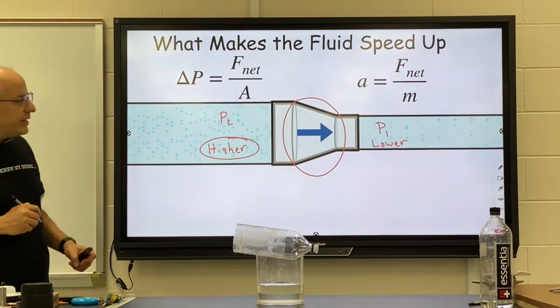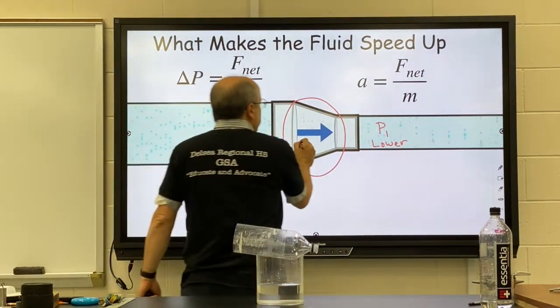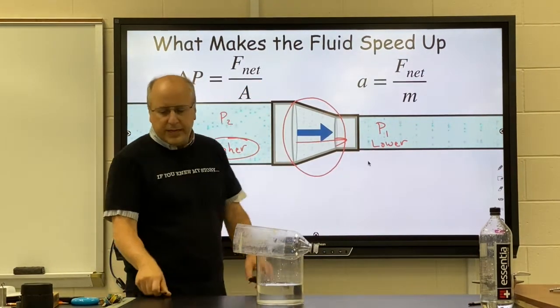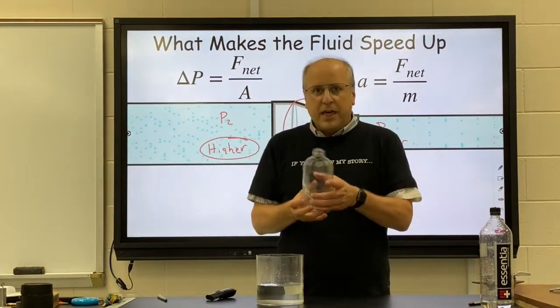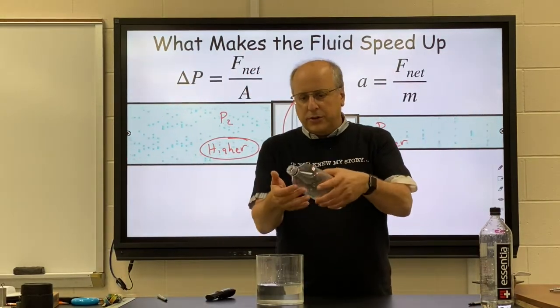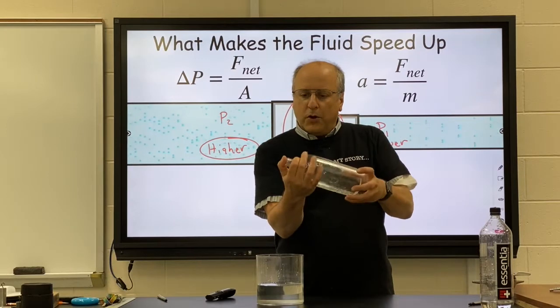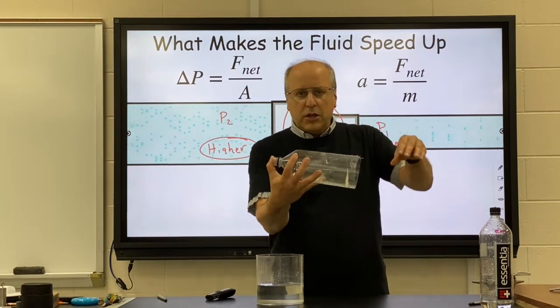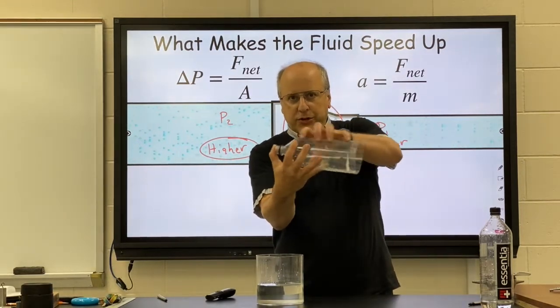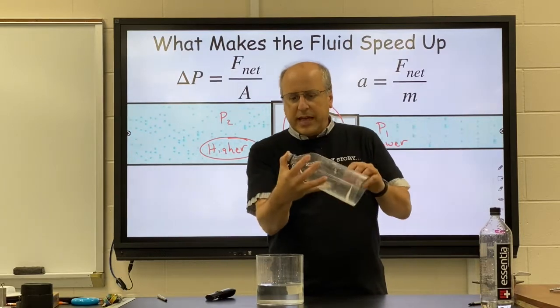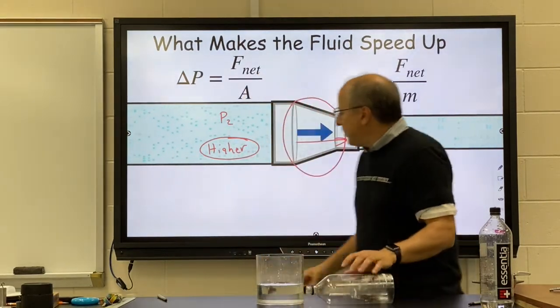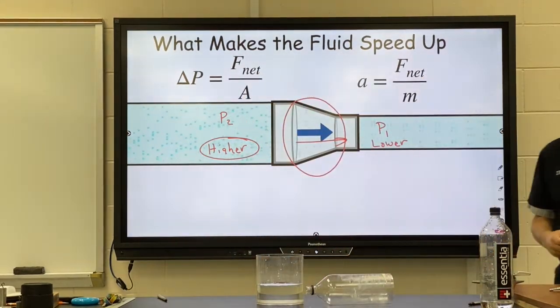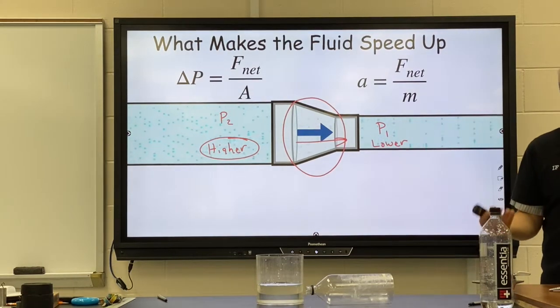That higher pressure creates a force which pushes the fluid through the acceleration zone. Think of it like when you had a garden hose. When you put your thumb over one end of the garden hose, you created higher pressure inside the hose. That higher pressure is responsible for accelerating the water and making the water move faster.